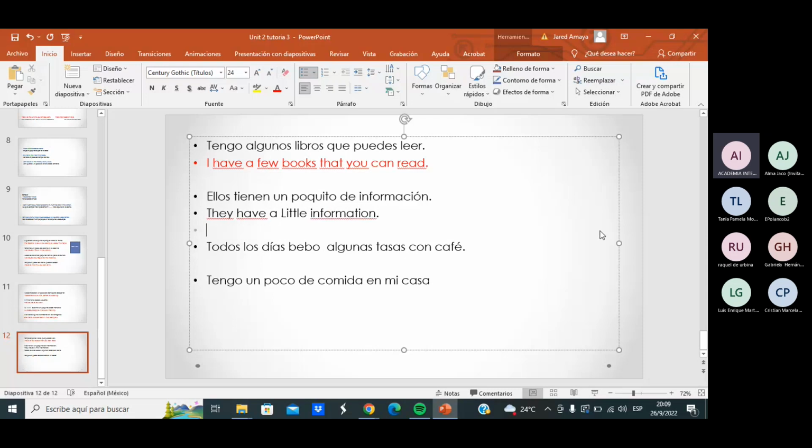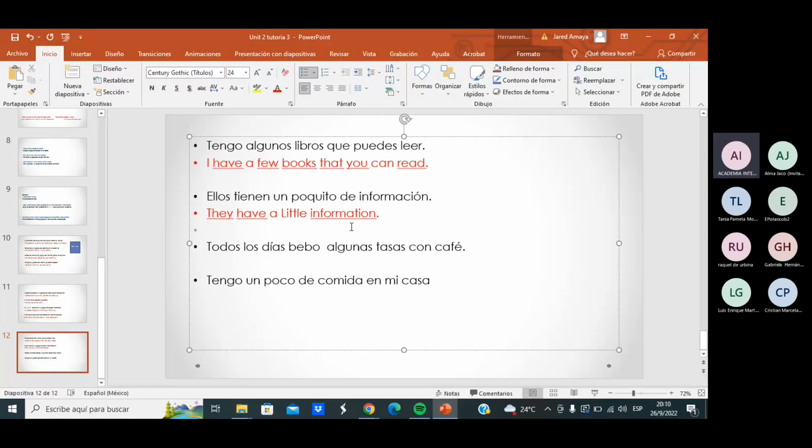But now, can you explain us why are you using a little and not a few? Because a little is used with uncountable nouns. Yeah, you are right.